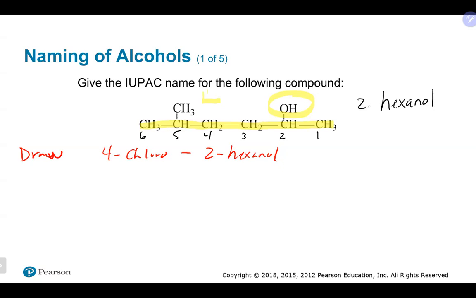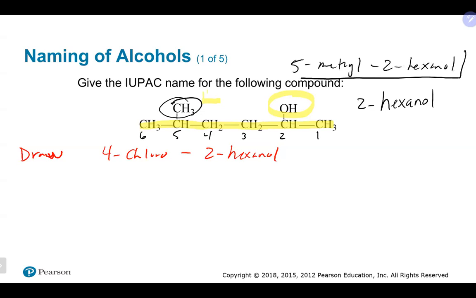That means this would be 2-hexanol. Wow, I think I almost did the same one. That means this would be 1, 2, 3, 4, and at carbon number 5 there would be a methyl. So this would be 5-methyl-2-hexanol. Oh, well. Any questions on that one?